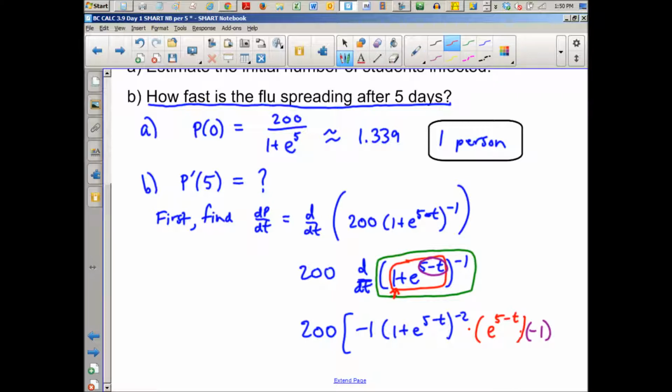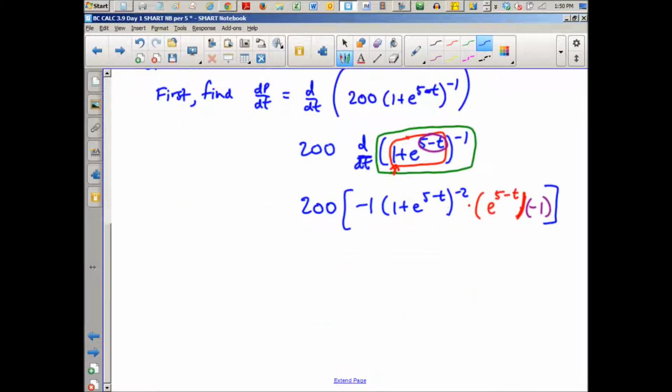Okay, so it turns out I can just use multiple parentheses here. And I'm trying to plug in 5, so I say we do that as soon as possible before we mess this all up. And we have 200 times, you'll notice that this negative 1 cancels with this negative 1 in the back. It's all multiplied.